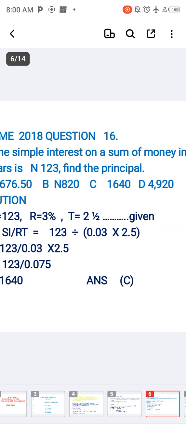Yes. In this question, we are asked to find the principal. It is the principal that we are going to find. And already you know the formula for finding the principal, which is P, the principal, is equal to interest over rate times what? Time.